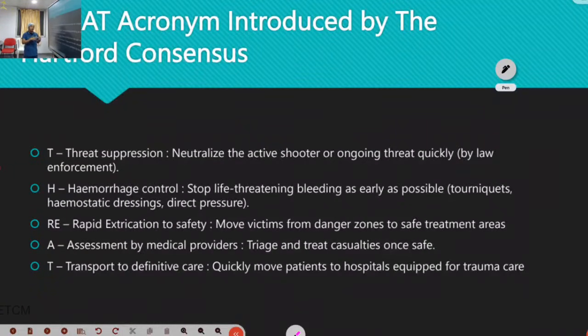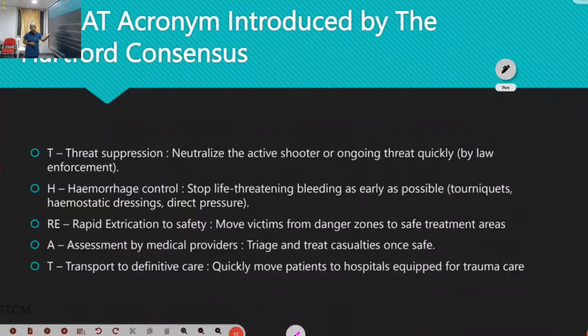It is an acronym introduced on how to approach victims in such scenarios. In the THREAT acronym, the T stands for threat suppression, that is the neutralization of the active shooter or ongoing threat. H stands for hemorrhage. After the Hartford consensus conference, they emphasized the significance of hemorrhage control, and so the use of the tourniquet was re-established in clinical settings.